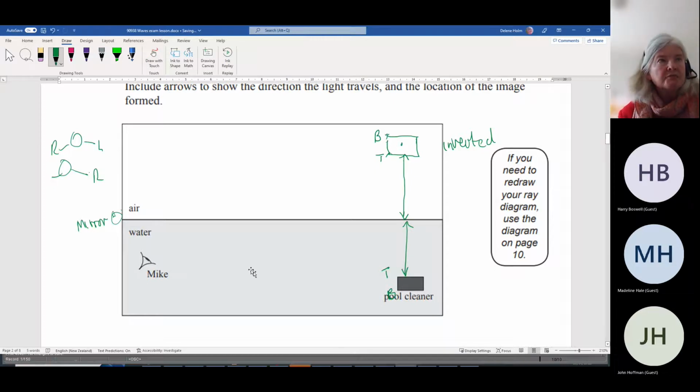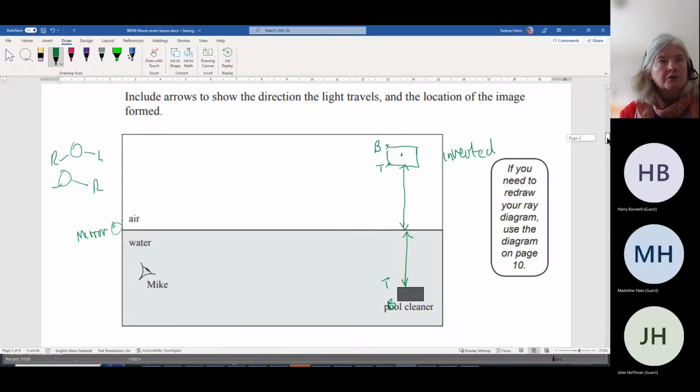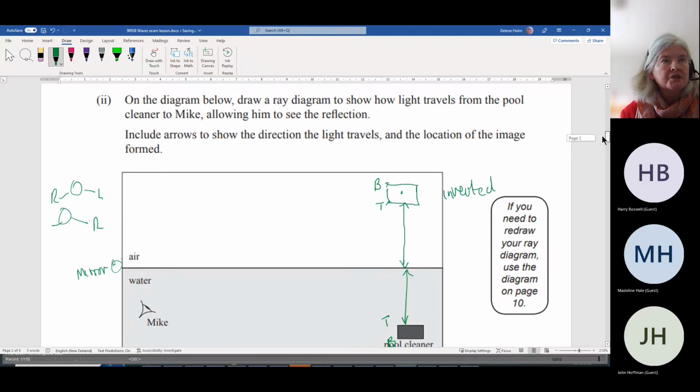Now, actually, it tells you how many arrows to include or how many lines. It just says draw a ray diagram, so you can just draw one single line. So pretty much what you want to do is draw a straight line going from Mike to there.